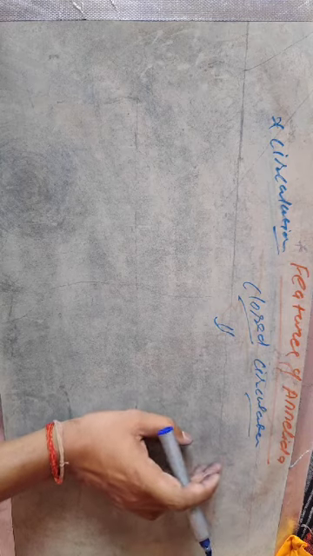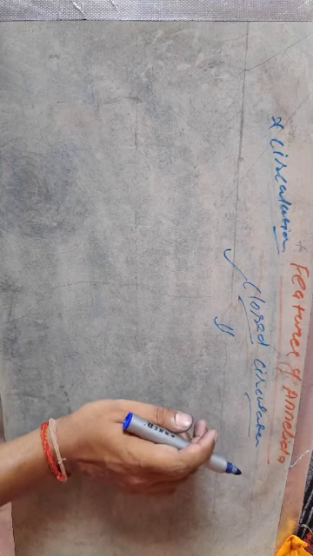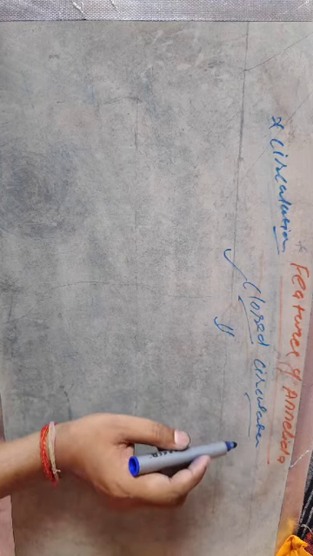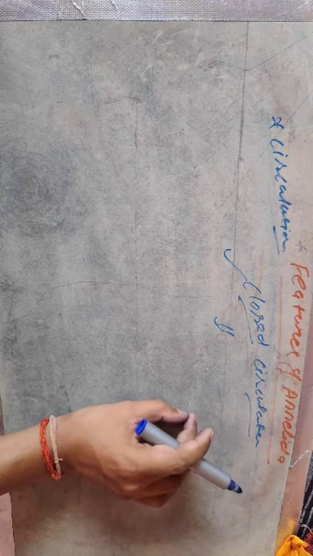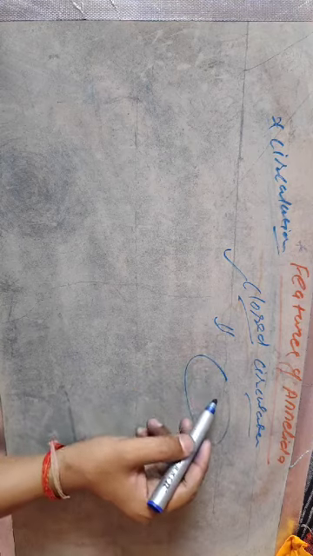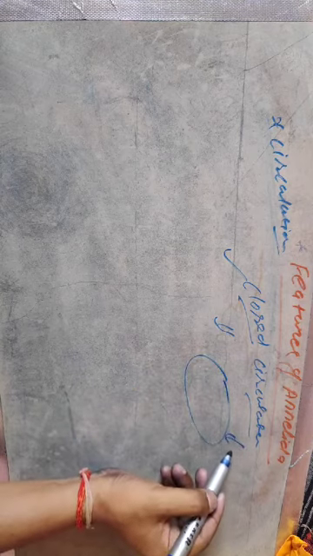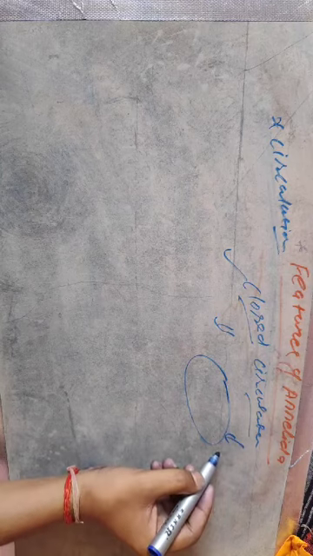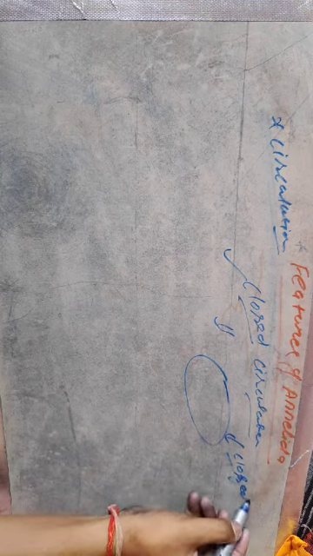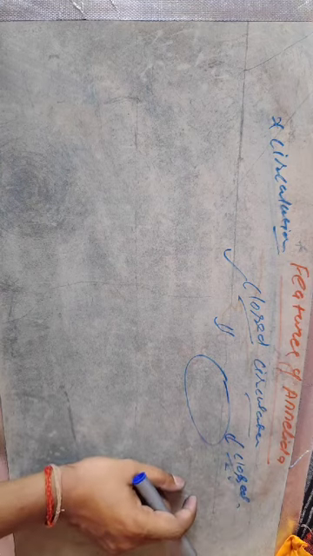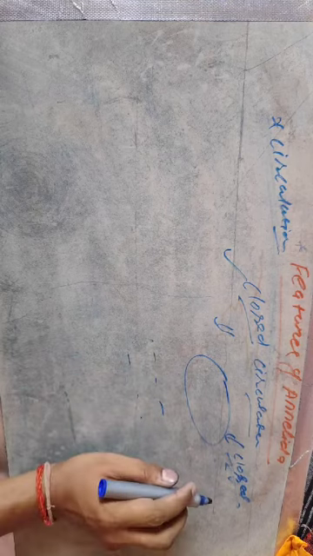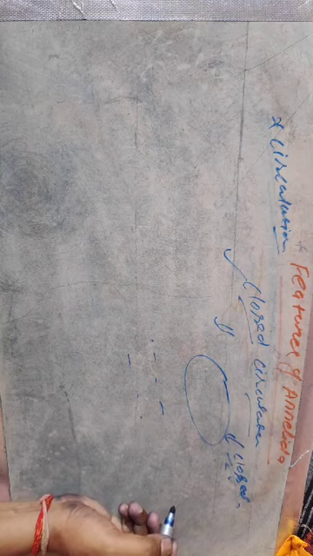So annelids are the first animals on earth in which a closed circulatory system is found. In the beginning of the animal kingdom chapter, I told you that when the blood flows in closed vessels, that kind of system is known as a closed circulatory system. And when the blood flows openly, that kind of circulatory system is known as an open circulatory system.